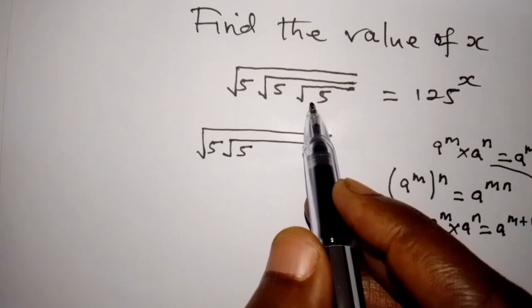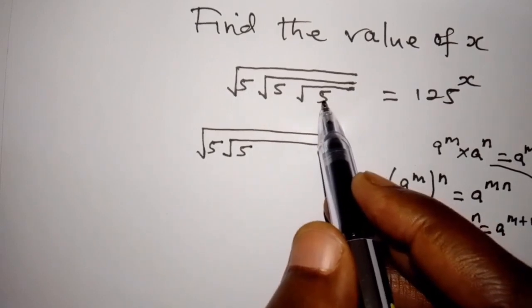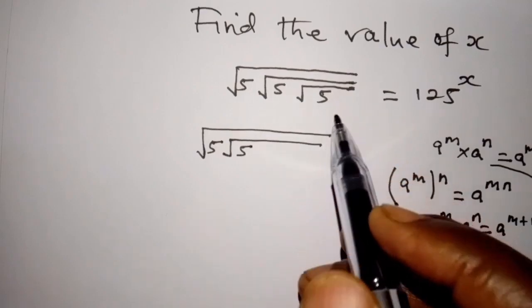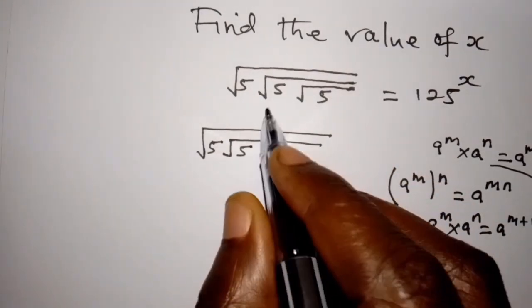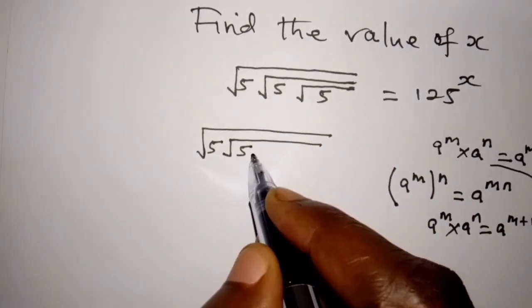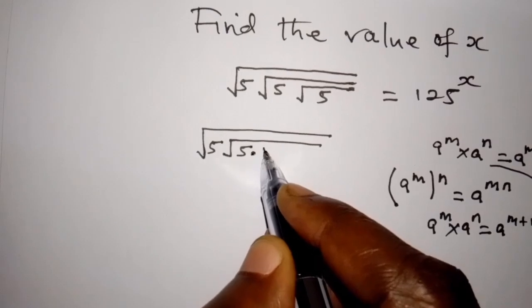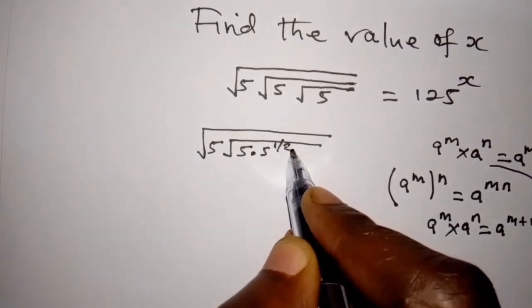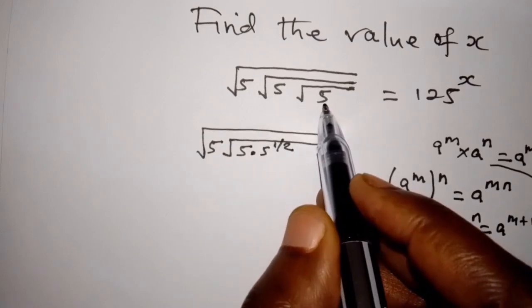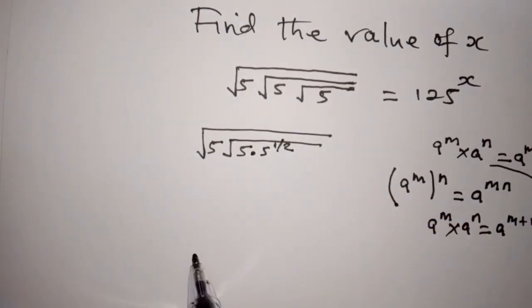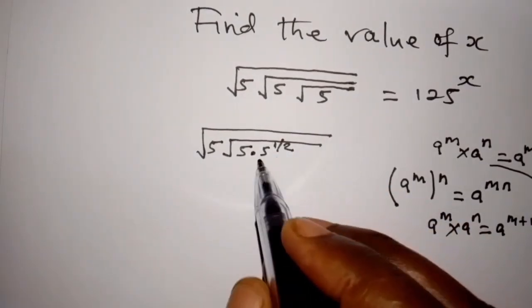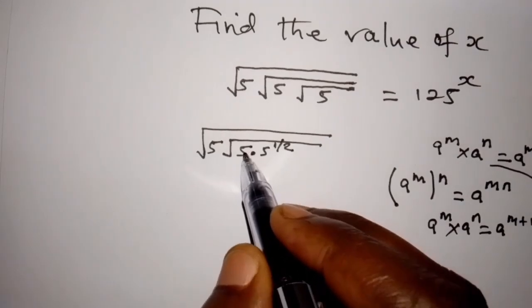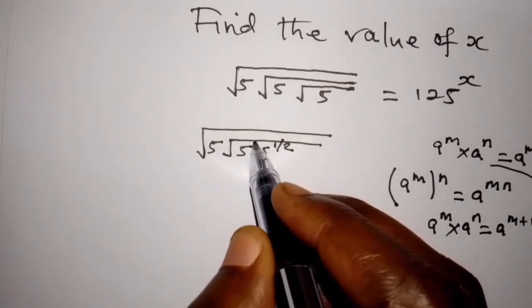Square root of 5 here we can express it as 5 power 1 over 2. So this is square root of 5, we multiply by 5 power 1 over 2, and 5 we can write it as 5 power 1.